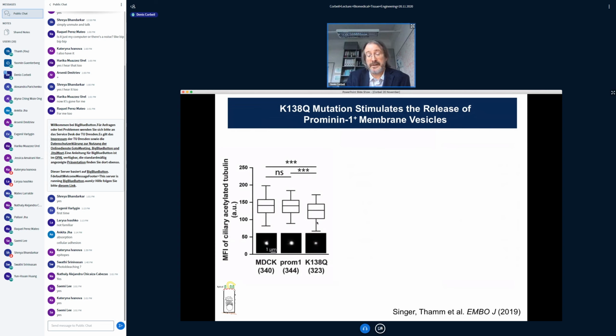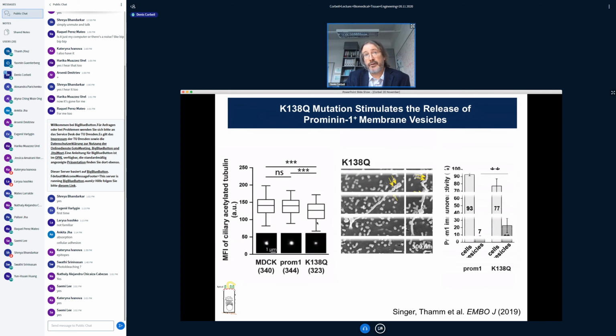It's exactly what's happening here. And on a very rare long cilium left over, we can see again a pearling effect many times, meaning that this vesicle here will be released and the cilium will become shorter and shorter. And as a consequence of the expression of the mutant, we can detect more vesicles in the medium, meaning that cilium becomes shorter and we release more vesicles.